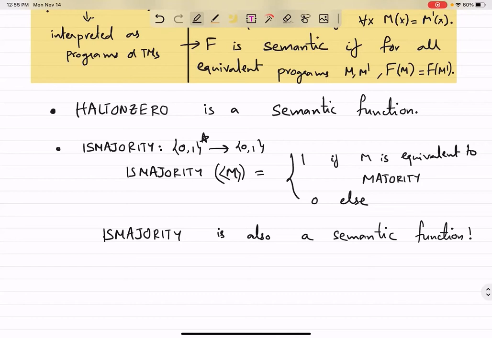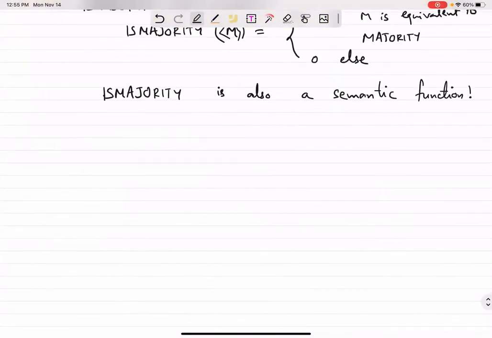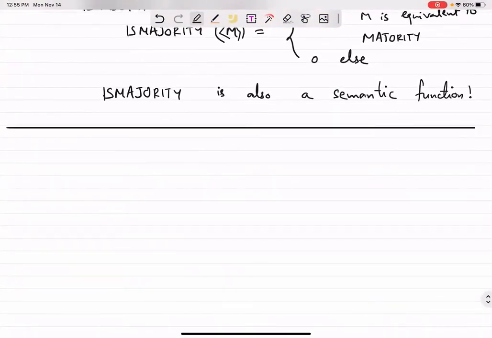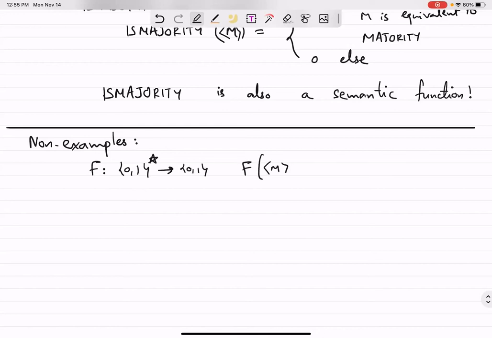Actually, to better illustrate what this definition is doing, let me give some non-examples. So let's say I define a new function f, which does the following. It takes a description of a machine and is 1 if the description ends with a 1 and 0 else. Is this a semantic property?